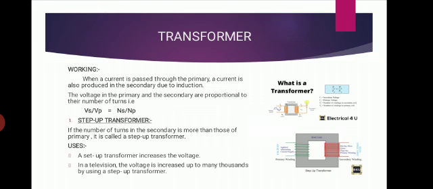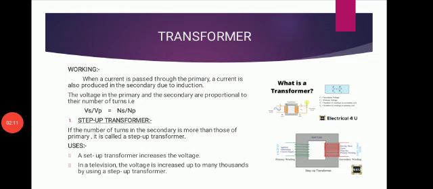It works on Faraday's law of electromagnetic mutual induction, in which EMF is induced in the secondary coil by the magnetic flux produced by the voltages and currents flowing in the primary coil winding.